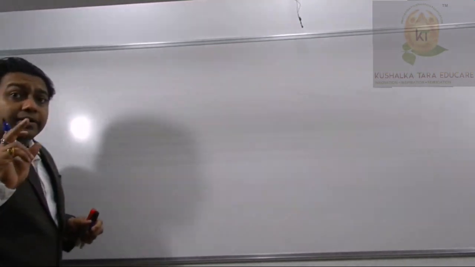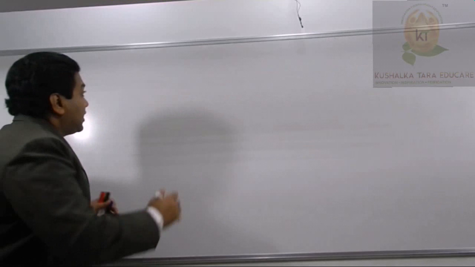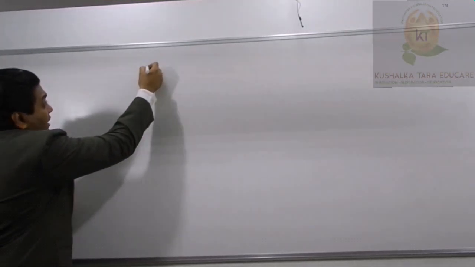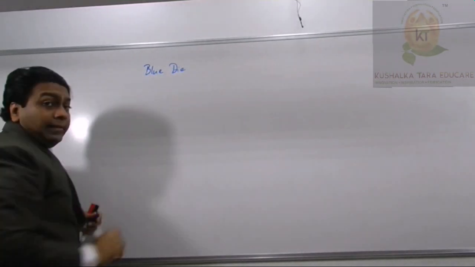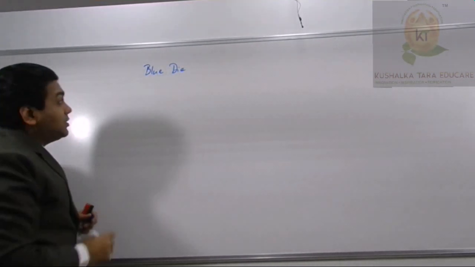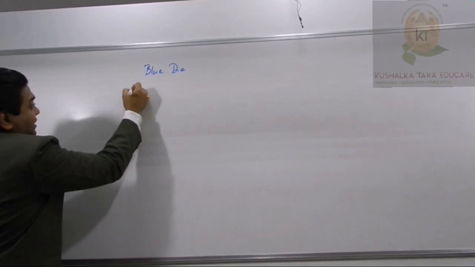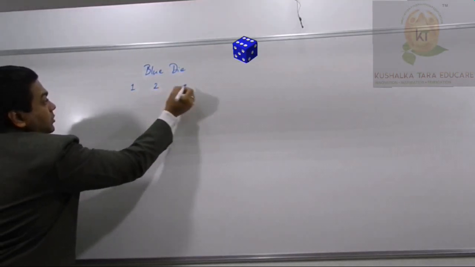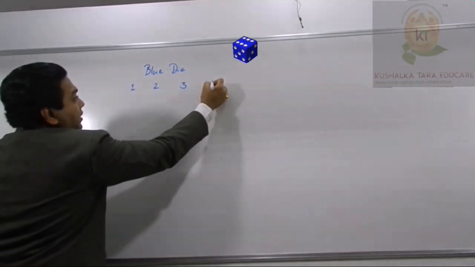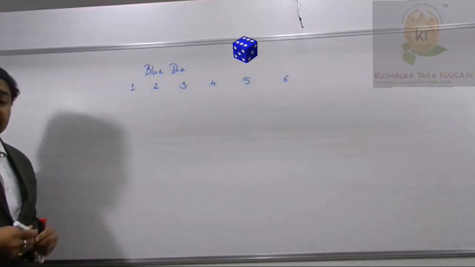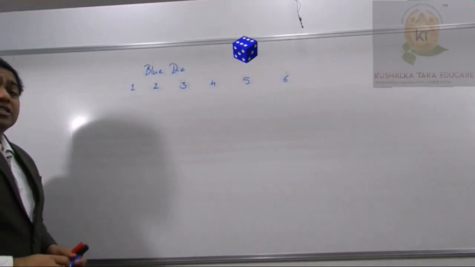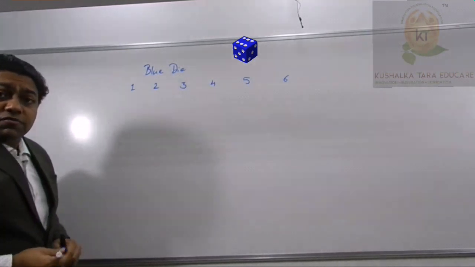Okay, so I have a blue colored die and a red colored die, correct? Let me number this as the blue colored die. The die is numbered 1 to 6, so I'll write here 1, 2, 3, 4, 5, and 6. So there goes my blue colored die, which has 1, 2, 3, 4, 5, and 6.